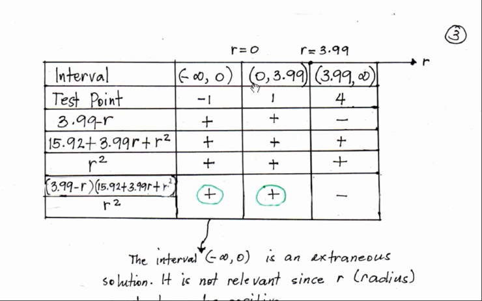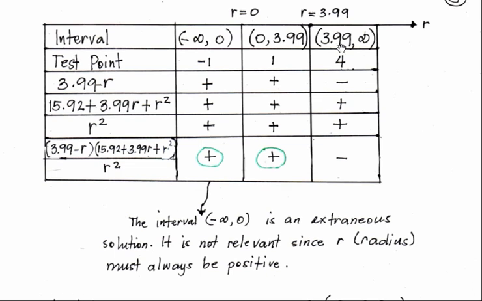We can write this as an open interval 0 to 3.99, or rewrite it as 0 less than r less than 3.99. Either way. Then to the right side of 3.99 is the open interval from 3.99 going to positive infinity. That means that r is greater here than 3.99.